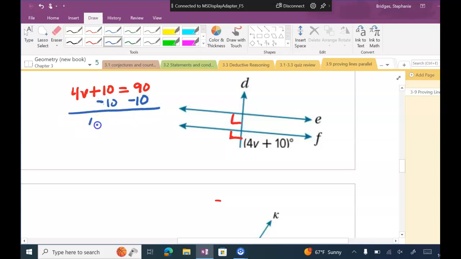So that's going to give me 4V equals how much? 80. And then I divide by 4. And V is equal to 20. Okay, I knew that simply because that right angle was given to me.